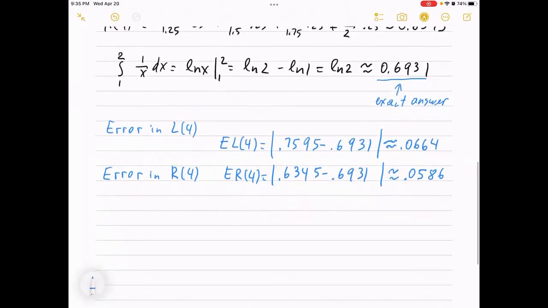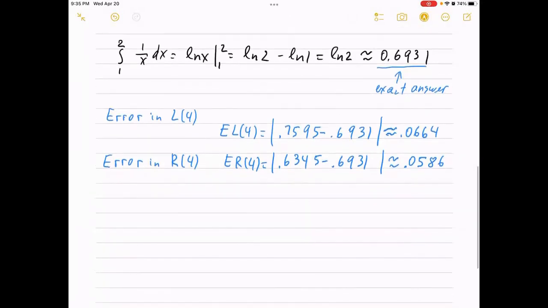Now, if you want to get a better approximation, we can take the average. We take the average of the right hand sum and left hand sum, so I'm going to add them up and divide by two, and we're going to call that the trapezoid approximation.